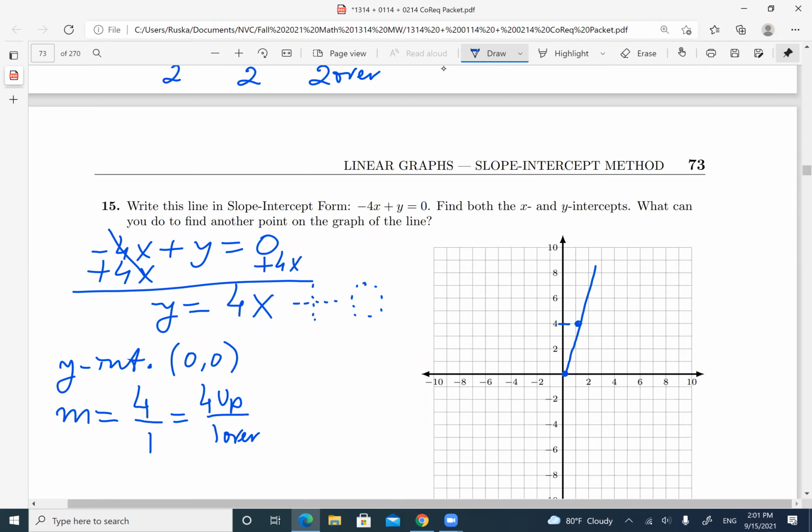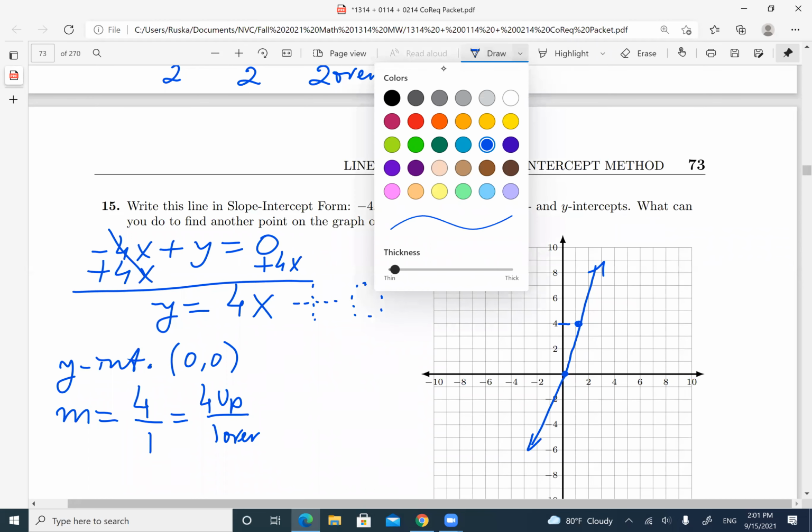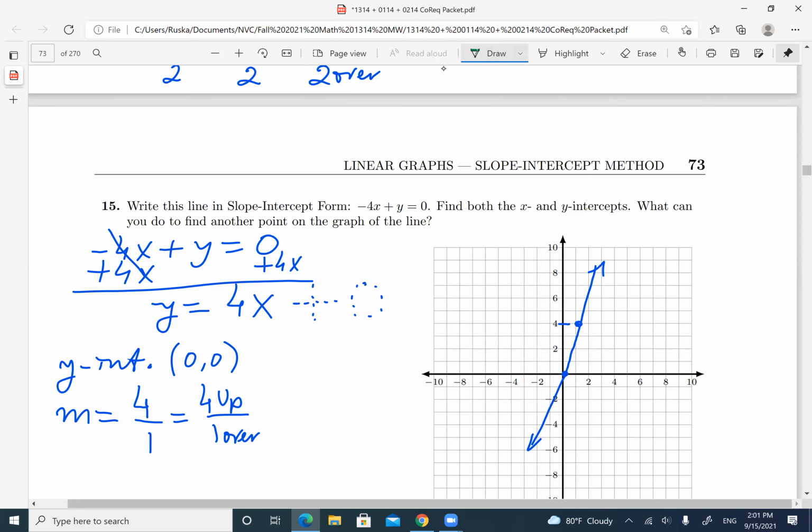Okay. Now, here it says find x-intercept and y-intercept. So this is how you graph with slope-intercept method. Now, if you follow exactly the direction that says find the x-intercept and the y-intercept, the method we did last time, both of those are going to be 0, 0.